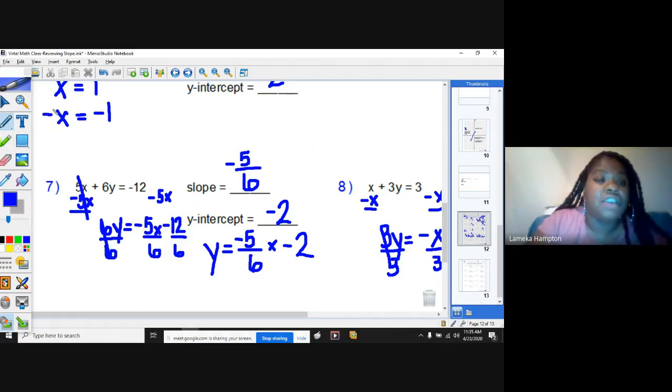We can't see it. So that means it's going to be 1. If x is positive or if any variable is positive and it stands alone, your coefficient is going to be 1. It's always going to be 1. It will never ever be 0. It will always be 1. If your variable is negative, such as negative x, your coefficient is going to be -1.